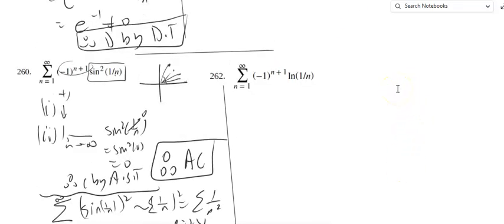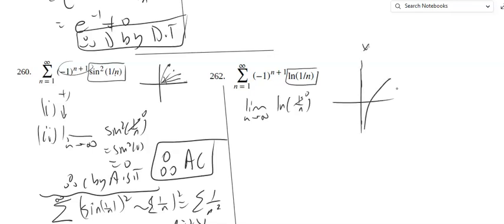And if I'm looking at this series right here, well, oh, that's simple. If I take the limit as n approaches infinity of natural log of 1 over n, recall how if you are approaching 0, the log is going to approach negative infinity, which doesn't equal 0.